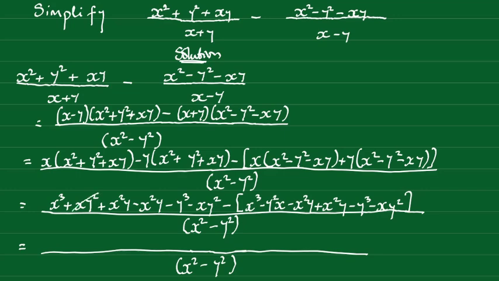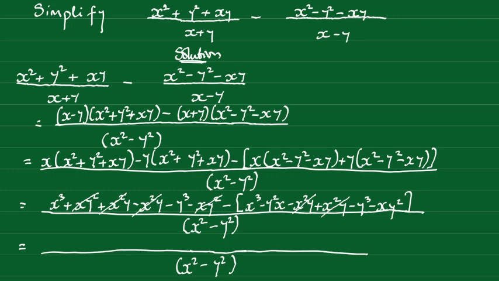So plus xy squared cancels out minus xy squared. Next we have plus x squared y and minus x squared y. This also cancels out. Now moving to the other side of our numerator, we have minus x squared y cancelling out plus x squared y.